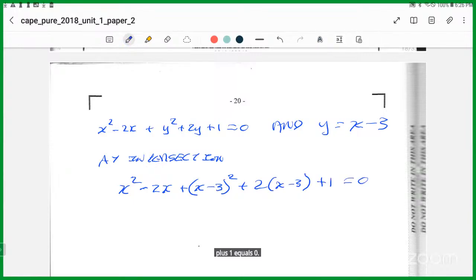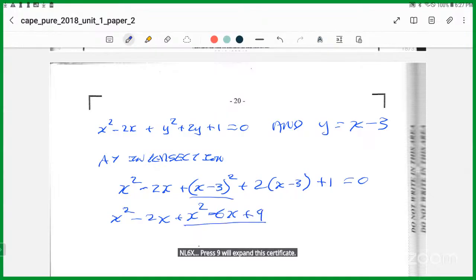I'm solving this as x squared minus 2x. Expand this one now. We get x squared minus 6x plus 9. And you expand this, you get 2x minus 6 plus 1 equals 0.